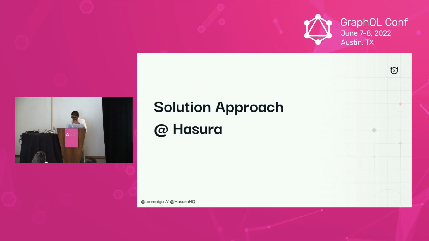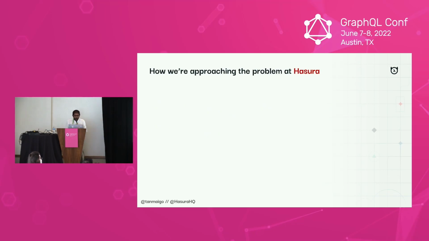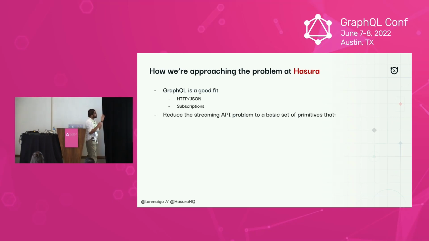Now, let me talk a little bit about how we've been thinking about approaching this at Hasura. When you think about GraphQL, there are parts of GraphQL that make this really nice. GraphQL is a nice fit because of HTTP and JSON, and subscriptions are a mechanism. There are several ways that we can slice this, but we chose to use subscriptions, for two reasons.